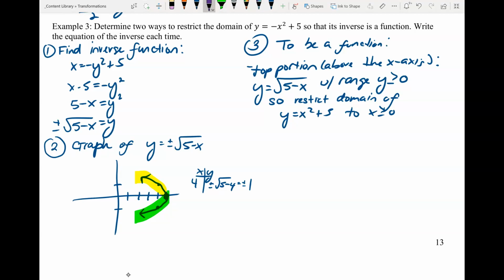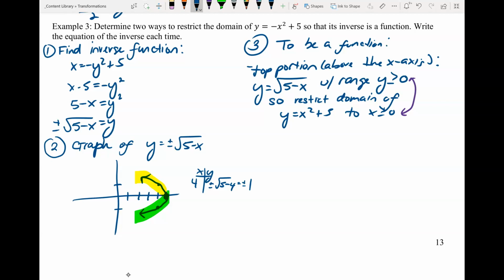Remember your relationship here: when you take the inverse of your original graph, your inverse graph is going to switch your x and y values. So your domain in the original graph becomes your range in your inverse graph.